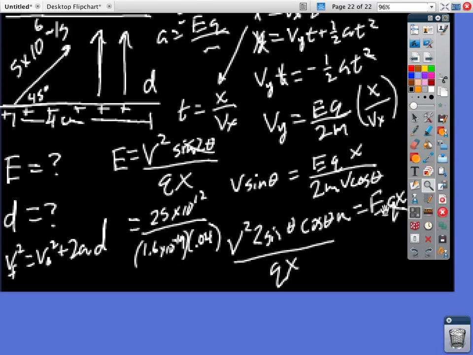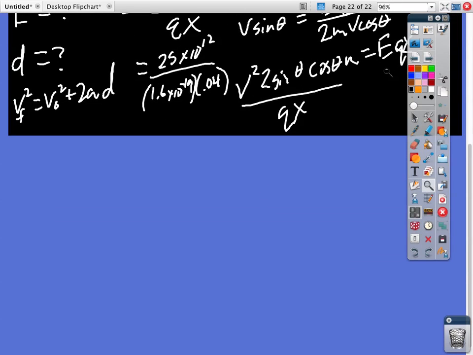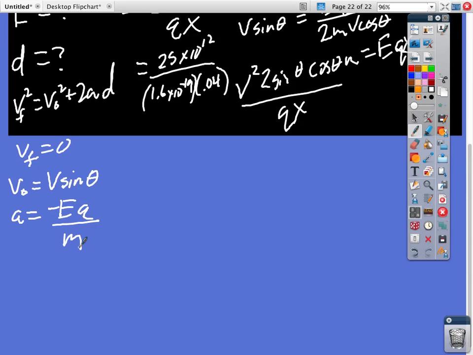Okay. So Vf is 0. V0 is equal to V sine theta. A is equal to negative EQ over M. And then we're looking for D. So D is Vf squared minus V0 squared all over 2A, which gives us negative V0. Oh, just kidding.